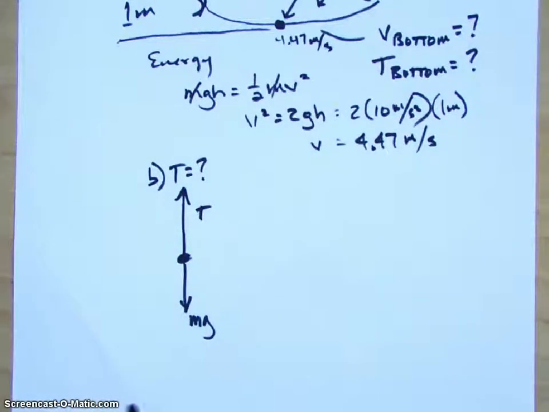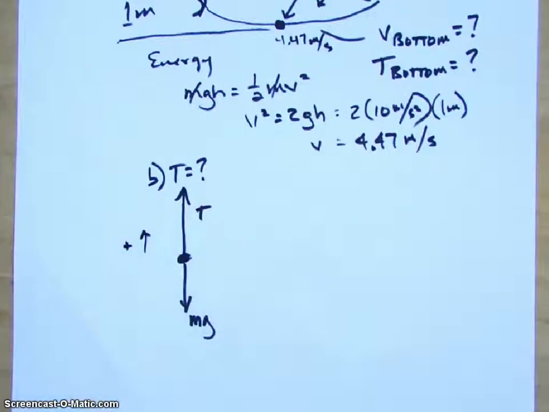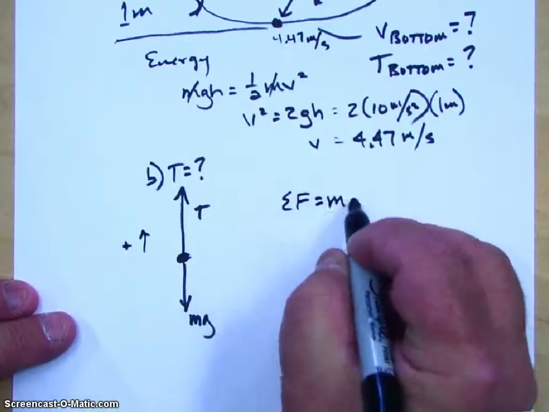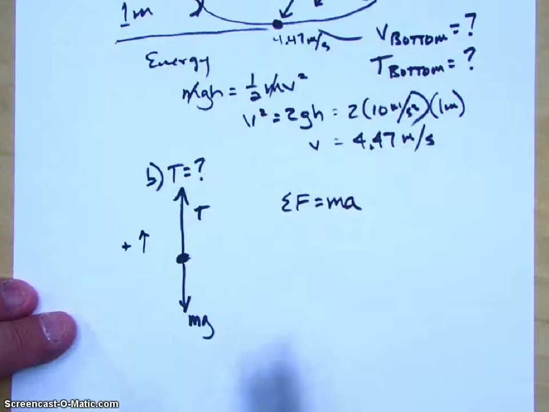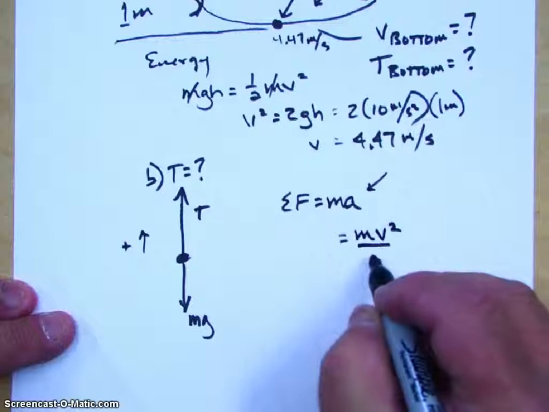Now, it doesn't really matter which way you call positive as long as you're consistent. Let's go with up positive, although it works just as well with down being positive. I'm now going to say that the sum of the forces equals m times a, moving in a circle, so therefore I know that a is v squared over r.